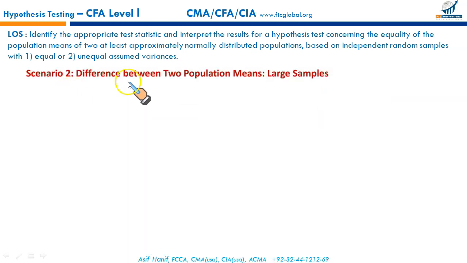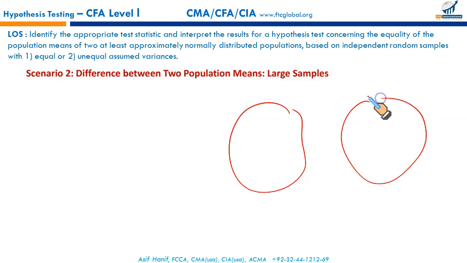Now scenario 2, the difference between two population means when the sample size is large. Basically again we have two populations. We draw samples of size n1, n2 from these populations with means x1, x2 and unknown variances respectively.